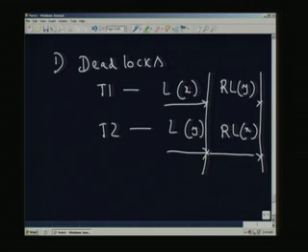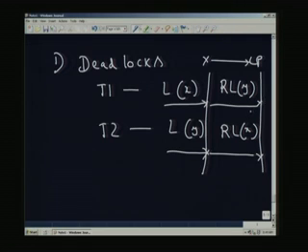There is no way both these transactions can reach their lock point.